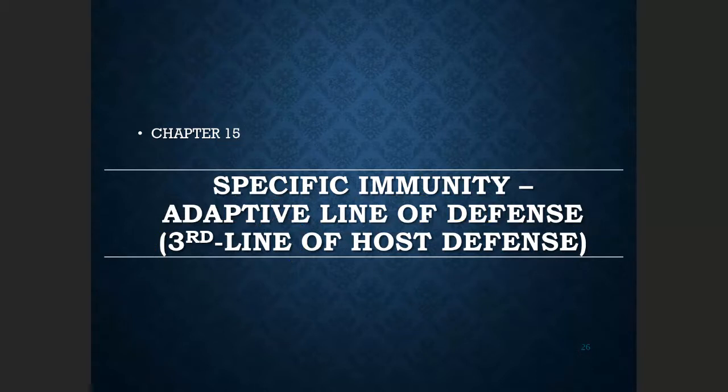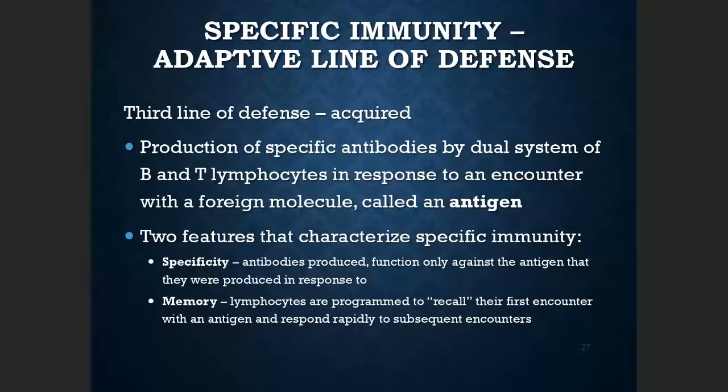Because this is specific immunity, it will be done by specific cells. Those specific cells are the lymphocytes, which are the B and T cells. So, B cell and T cell.